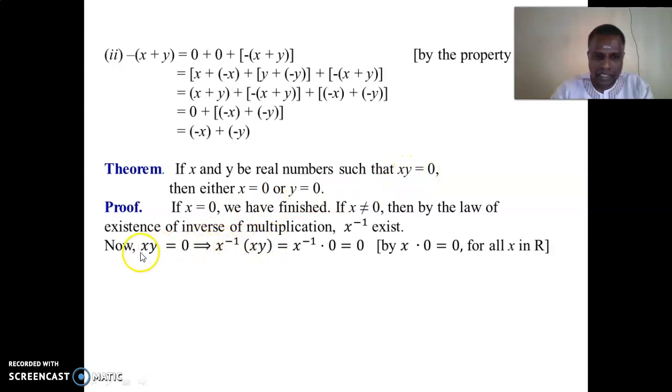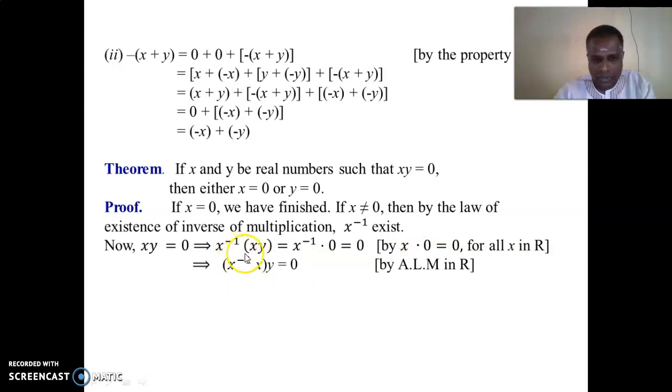We write the result from the simple theorem x dot 0 equals 0, the multiplication between x and 0. So we replace x by x inverse and 0 by xy, because xy equals 0.